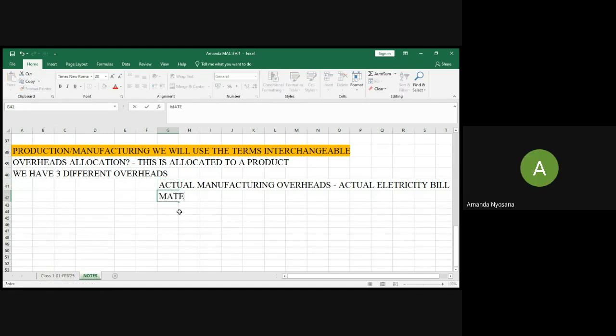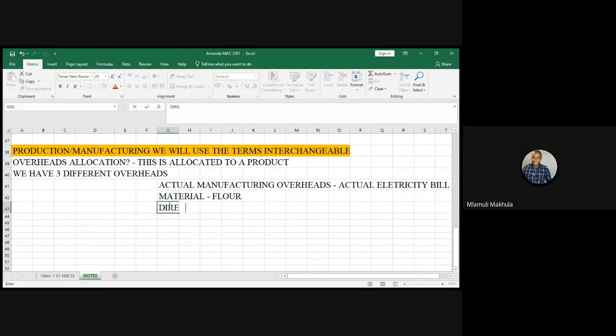We do not have a problem with material, because as we put in our flour, we are able to measure it. In 1 gwinya, we need only 2 tablespoons. We don't have a problem with our direct labor, because we know the hours it takes our employees to produce 1.